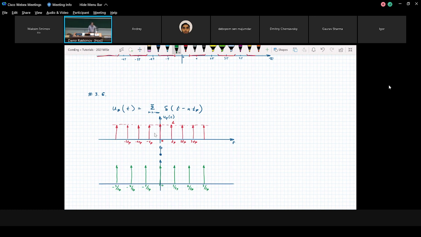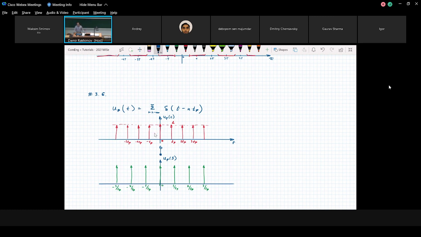And what will be the magnitude? One over TP? Exactly. How do you get it? You just divide both parts by, in this case, the magnitude. You just get one here, and on the right side, you get 1 over, in our case, 1 over T subscript P.